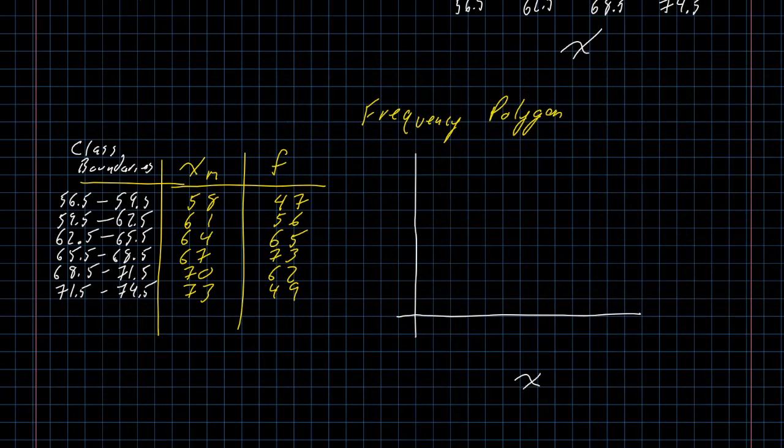again, is going to have our x values at the bottom. Our f is the vertical axis. And the frequency polygon does work on the midpoints.